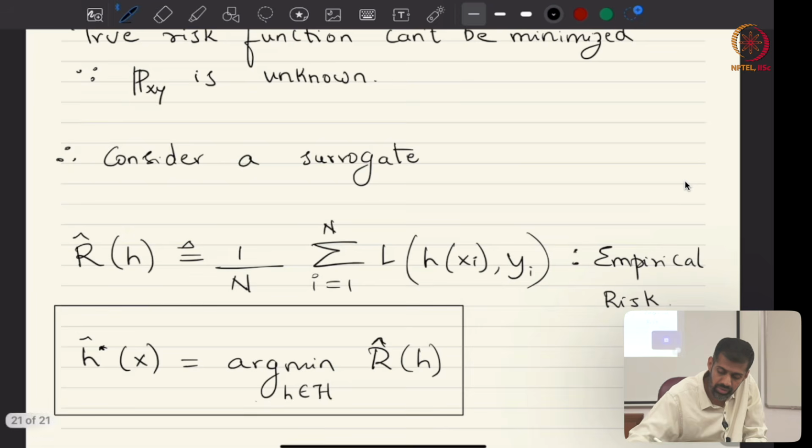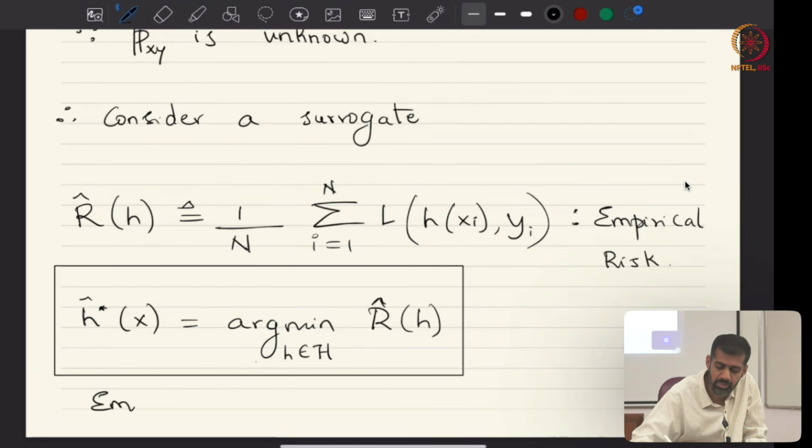This problem is referred to as empirical risk minimization, or ERM.